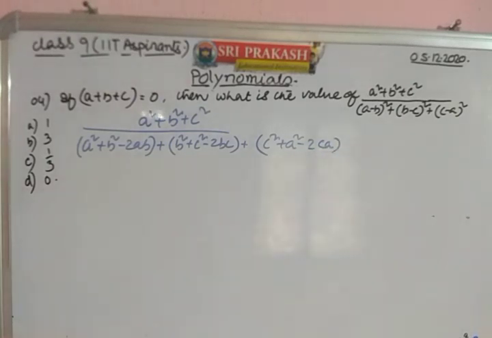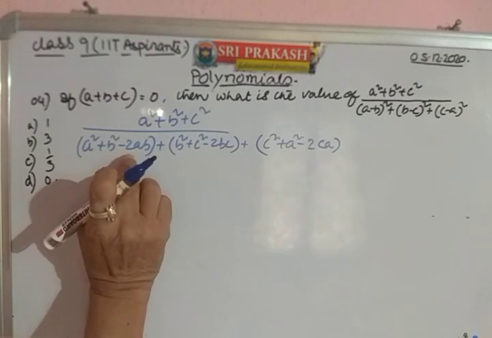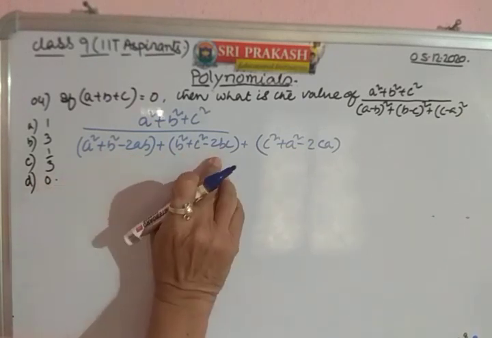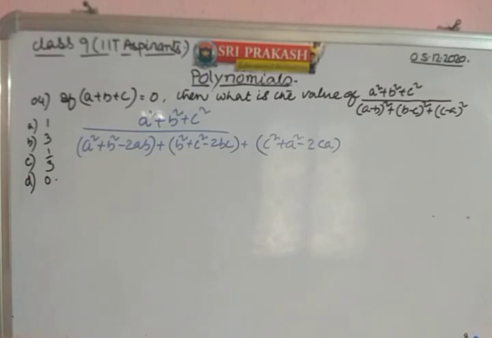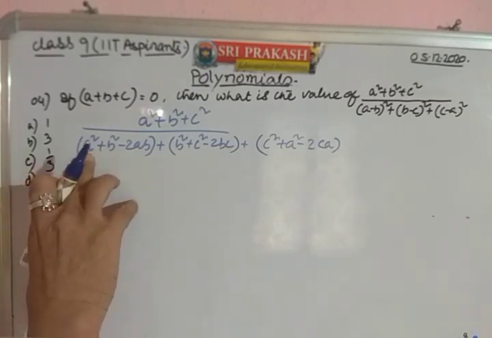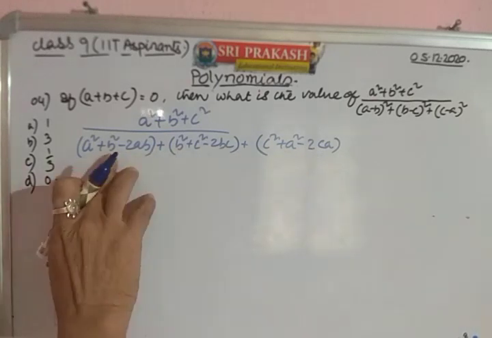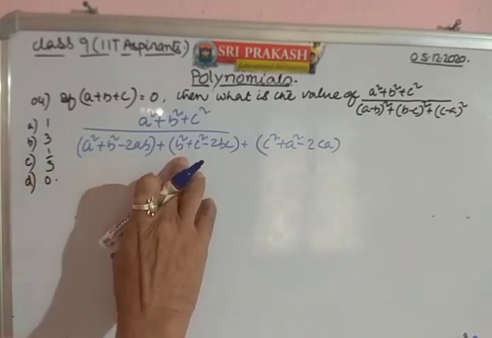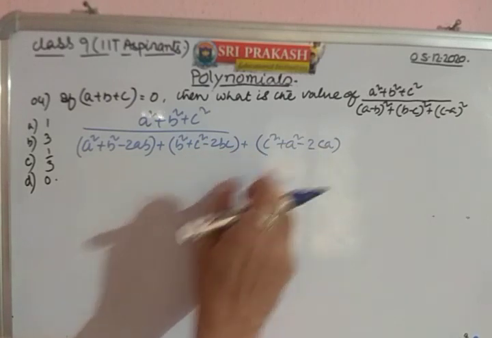Now let us take minus 2ab minus 2bc minus 2ca separately. Then here you have a square plus a square, 2a square, b square plus b square, 2b square, c square plus c square, 2c square.